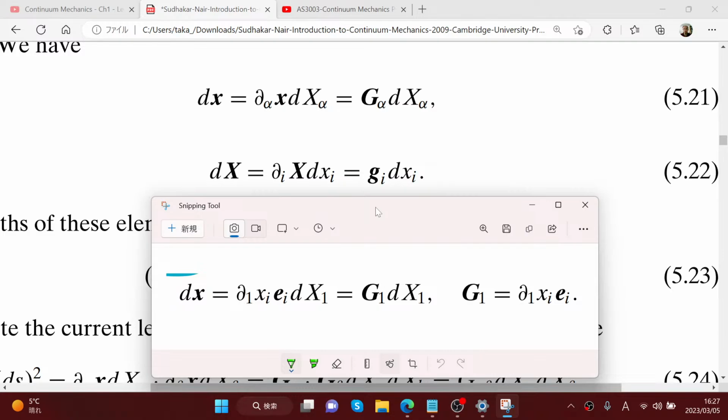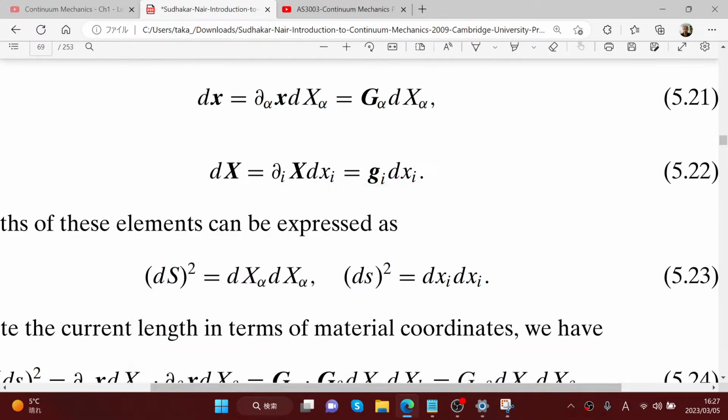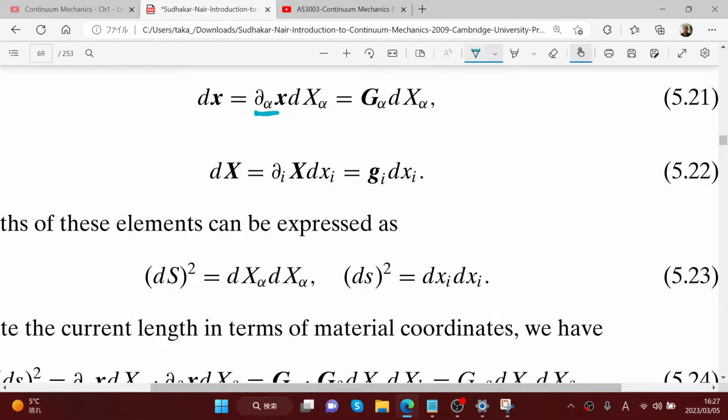Yeah, I think so. We just changed. See, here is one. We were considering only the first component, but here we have alpha, and this is summation implied. Summation is implied, implicit.